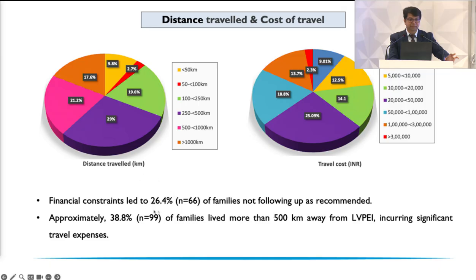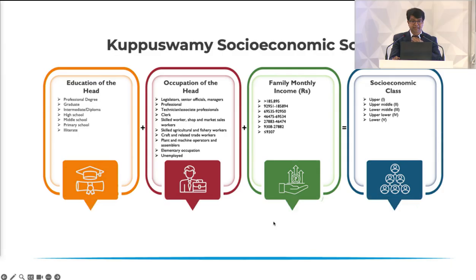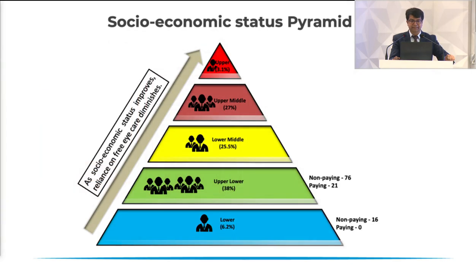Whatever the etiology and the effort we have put in, approximately 40% of the families live much beyond 500 kilometers. That means travel expenditures, loss of income, wages, and so on and so forth. And we used the Kuppaswamy modified socioeconomic scale for the current year.